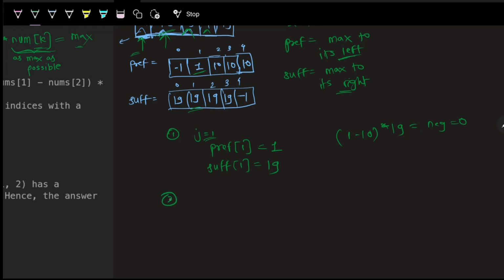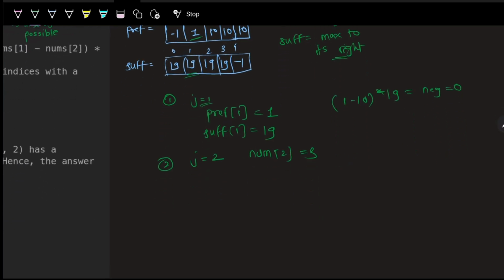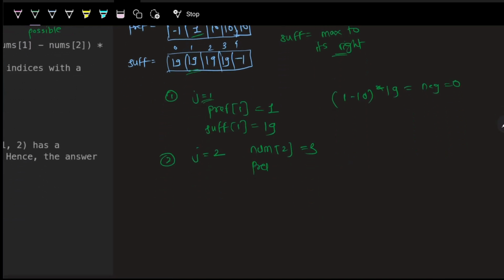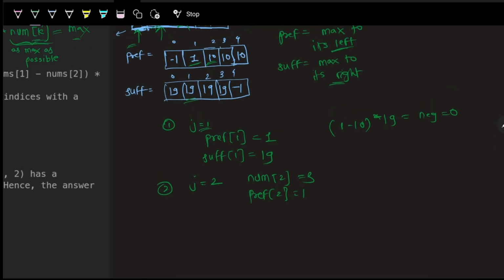Now let's try for the next, j equal to 2, that is nums[2] equal to, what is given to us, 3. And what is the prefix of 2? Prefix of 2 is nothing but 10, and suffix of 2 is nothing but 19, correct. Sorry, my bad, suffix of 2 is 19.